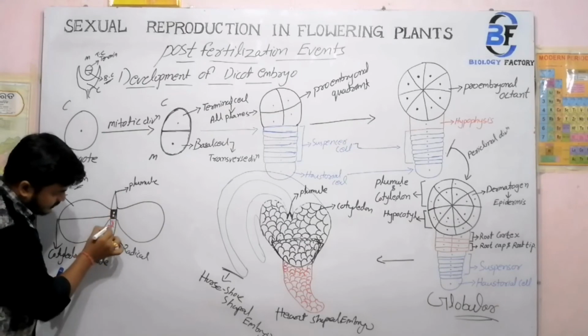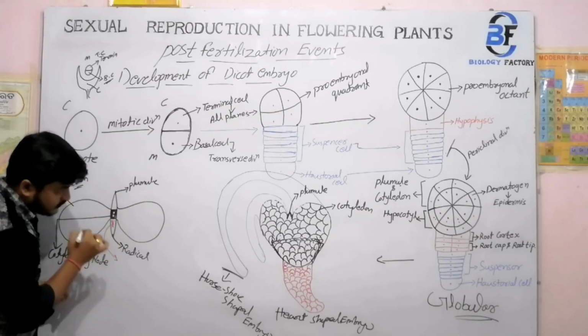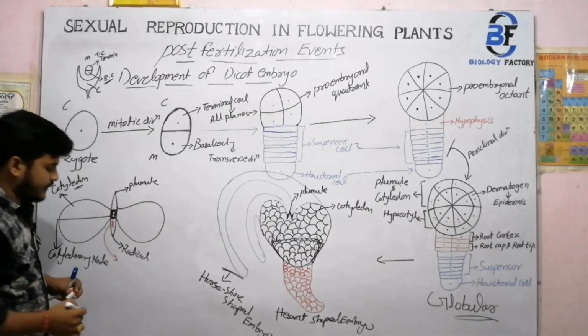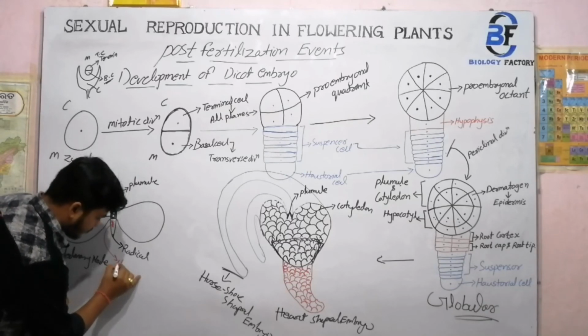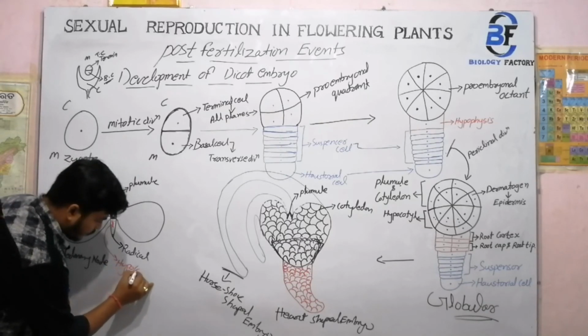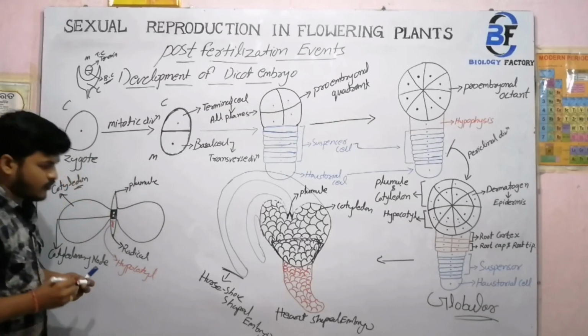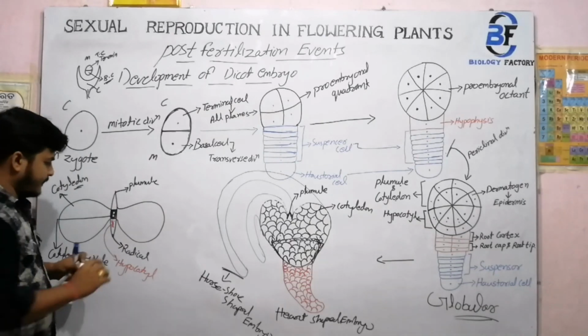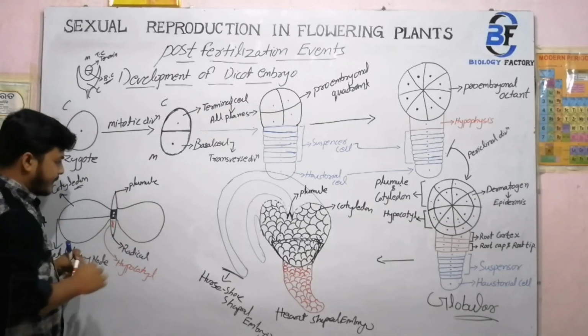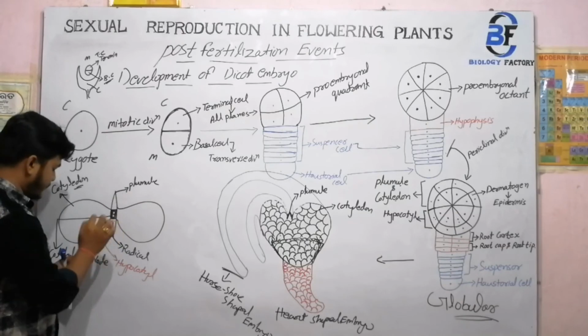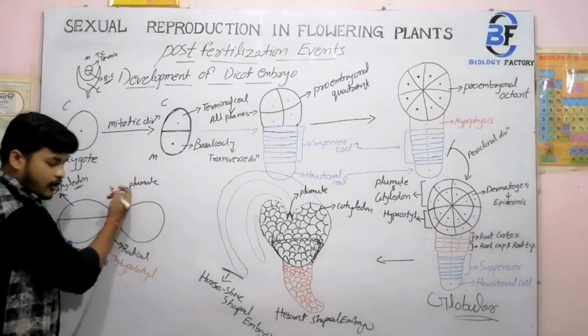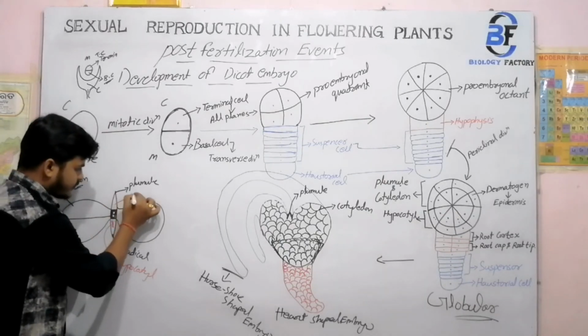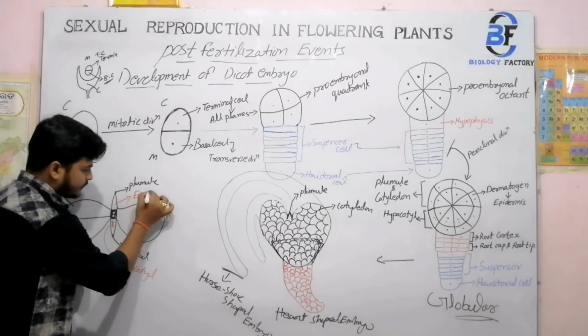This place is otherwise known as your hypocotyl. So here is your hypocotyl. Next, the structure left between your plumule and your cotyledon, that means the upper portion, is always known as your epicotyl.